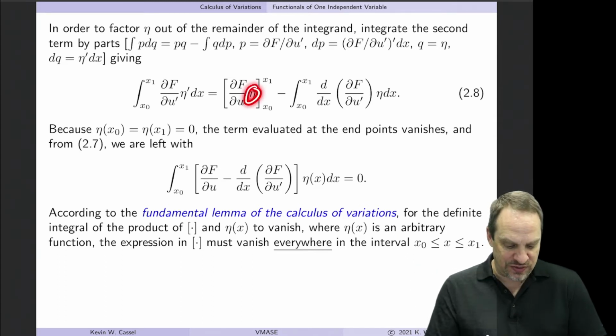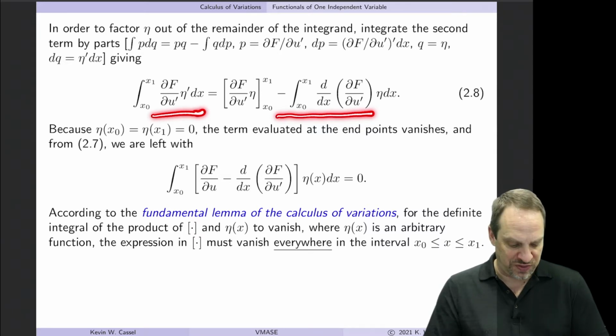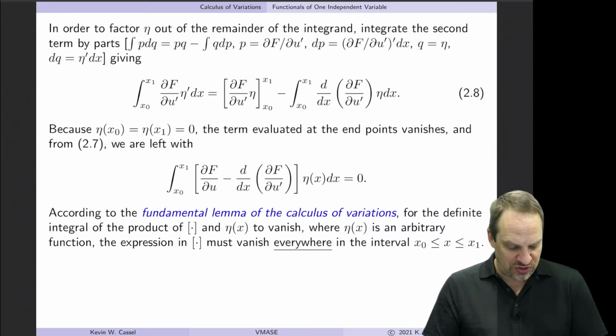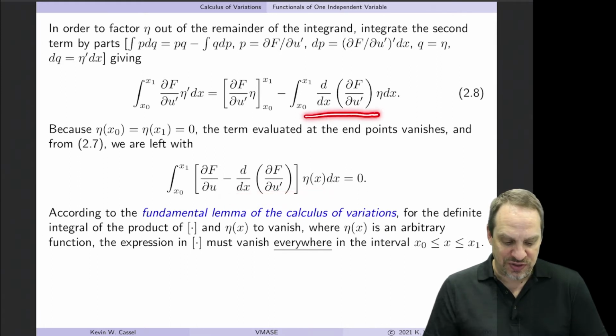So if eta is 0 at x0 and x1, then this term evaluated at the endpoints vanishes, and we just have this term left to replace this one in the integral on the previous slide. So the partial f partial u times eta, that's that first term that we didn't do anything with, and then here we have minus d/dx of partial f partial u prime times eta, and that's this term that came from the integration by parts.